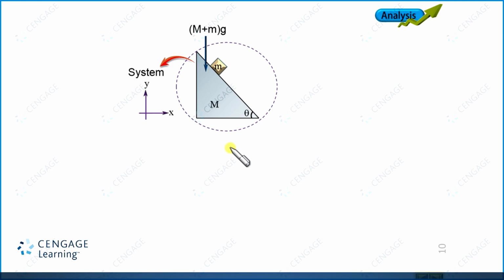The normal reaction will be in the upward direction, and one more force is also acting on this vase, that is the friction imparted by weighing machine on the vase. Say this is Ny and this is Nx. Nx is the friction, or you can say any external force acting on the vase. So these are the two forces acting on the base, and this force is acting at the center of mass of the system. So these are the external forces.